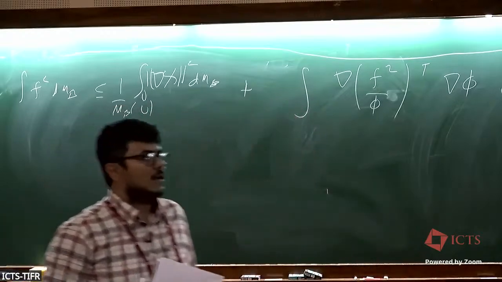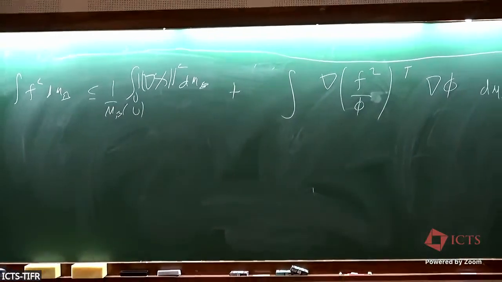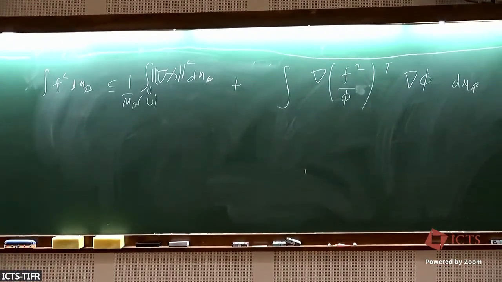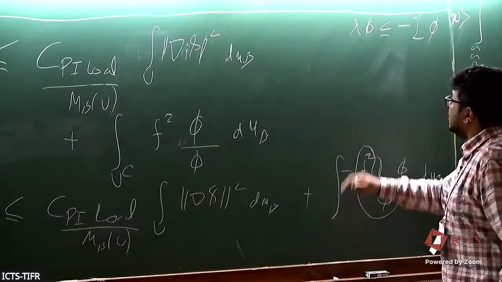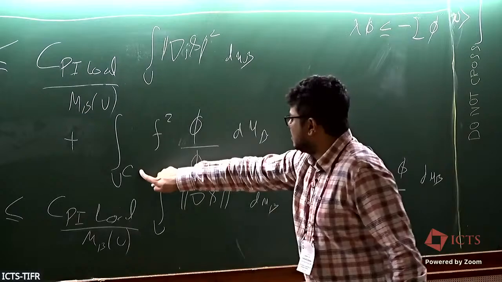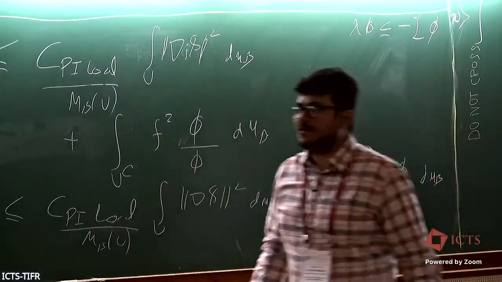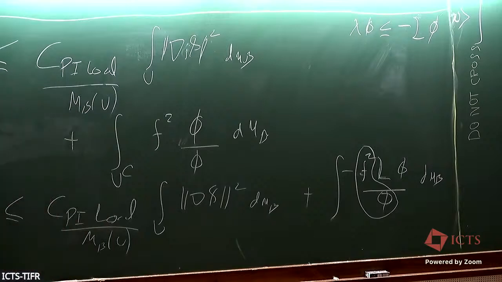And one thing to note is that when I went from U complement to putting it on the entire set, I'm allowed to do that because this is non-negative. So this is on the entire set.